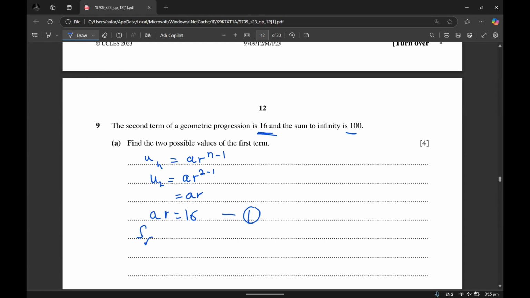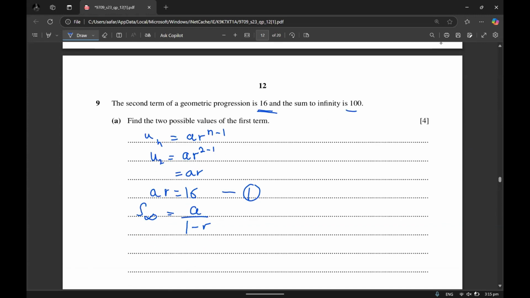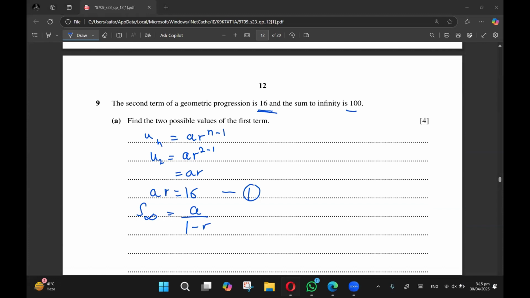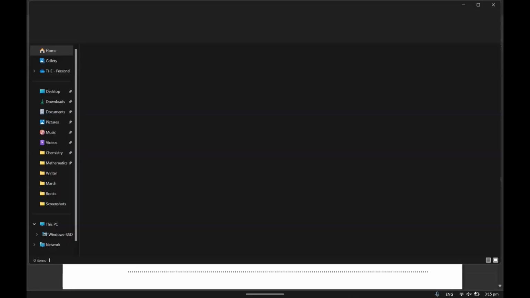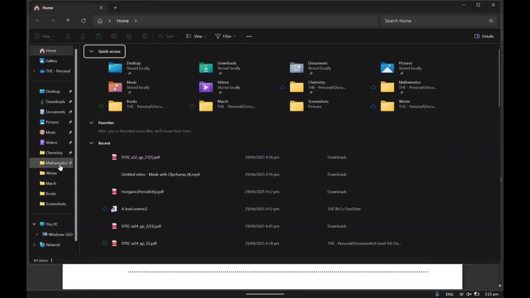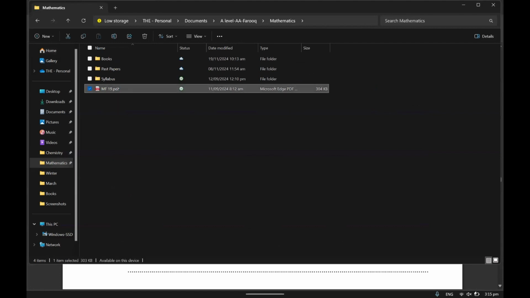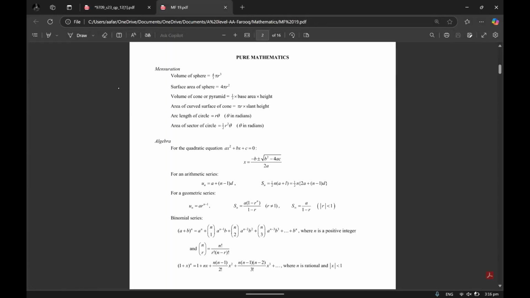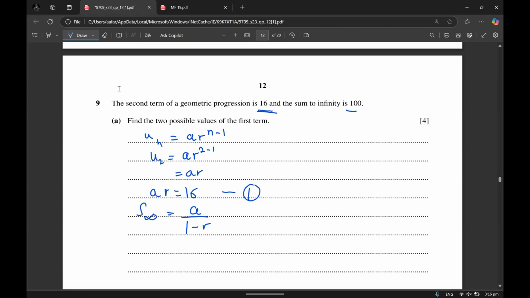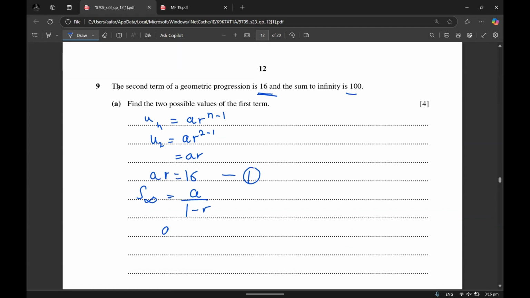Then the sum to infinity formula, all of these formulas are given in the formula booklet, is a over 1 minus r. You can check it right now. So a over 1 minus r is equal to 100. This is the second equation.